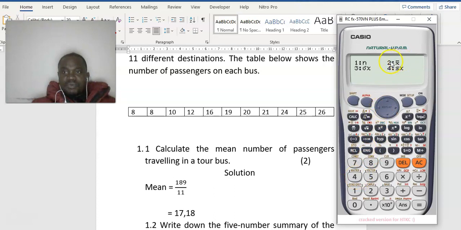This is the symbol for mean. So mean is 2, which is equal to 17.1818. So use this method. It's nice because there is a follow-up question somewhere where they are going to tell you to find a standard deviation. So now I have the data on my calculator. It's still there.